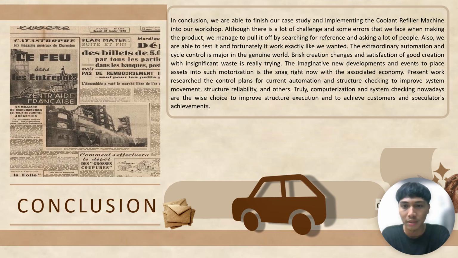Present work researches the control plans for current automation and structure checking to improve system movement, structure reliability, and others. Truly, computerization and system checking nowadays are the wise choice to improve structure execution and to achieve customer and speculators achievement.